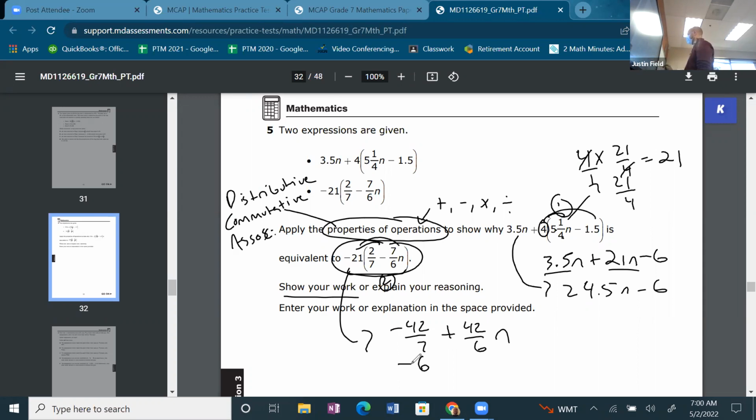So that's negative 6, and I see the negative 6. And then 21 times 7, what's 21 times 7? 147. And when we divide that by 6, we get 24.5.